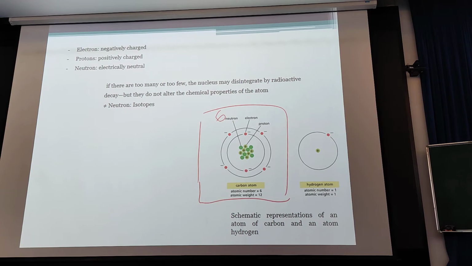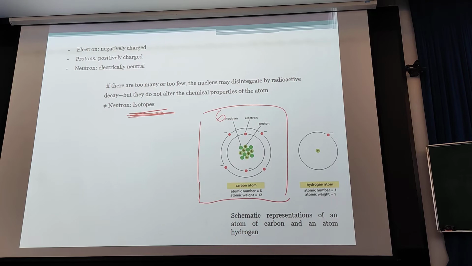Then, if one kind of atom has different numbers of neutrons, they are different isotopes of that atom. So can you tell me the difference between atom, element, and molecule?